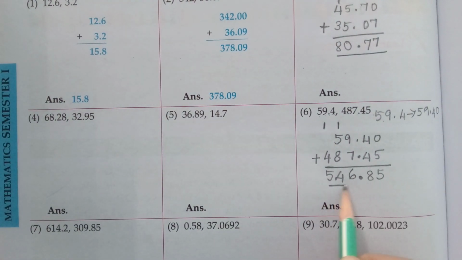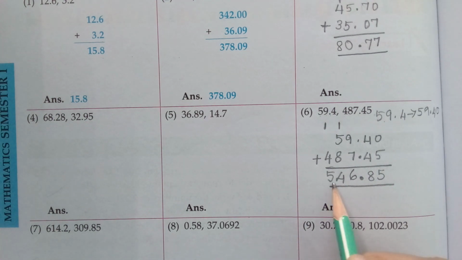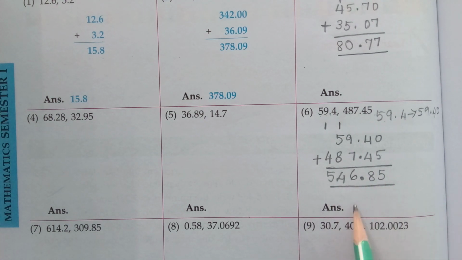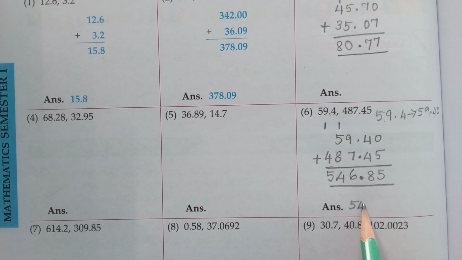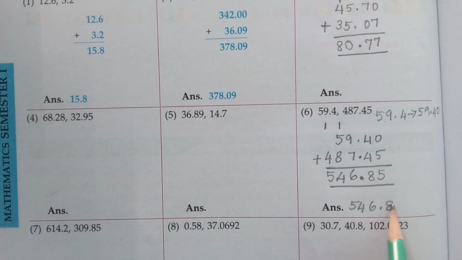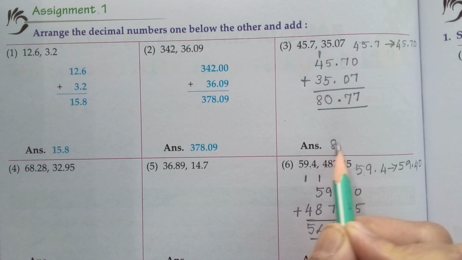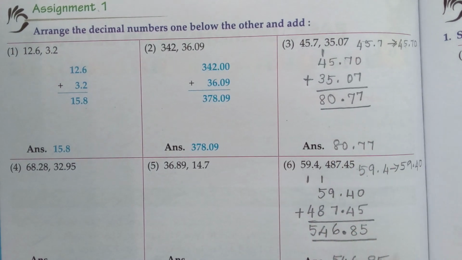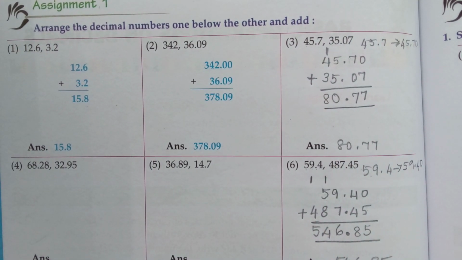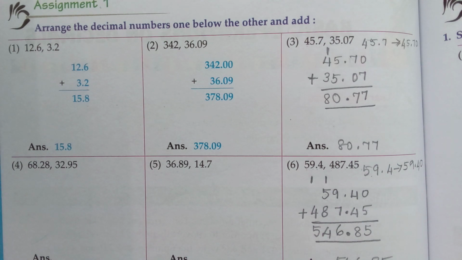So, what is the answer? 546.85. Write the answer here, 546.85, and here also write the answer, 80.77. Okay children, how easy, no?